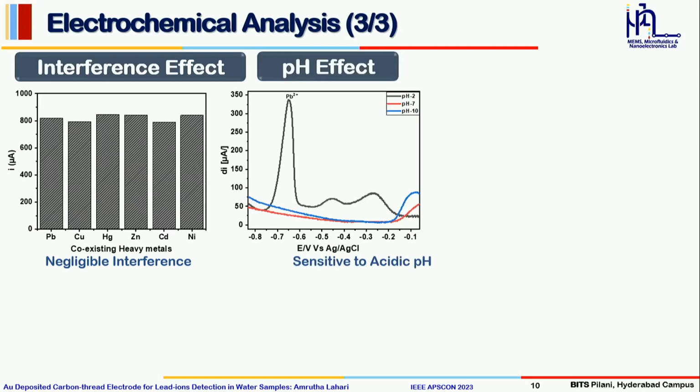The reaction of the heavy metal ions at the gold deposited electrode was very specific in acidic pH, and the reaction was not happening at neutral and basic pH. That is the specific reason we prepared all our samples using HCl-KCl buffer solution instead of PBS solution.